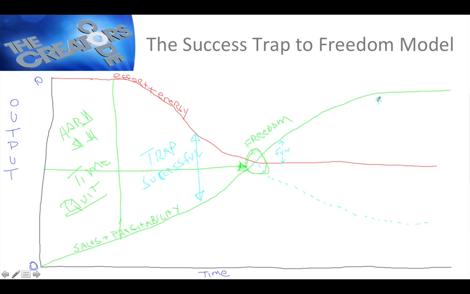And this area here is where we have freedom. I'm going to do it slower for it to work out. But I want you to see freedom. And this is possible when we design our businesses wisely.